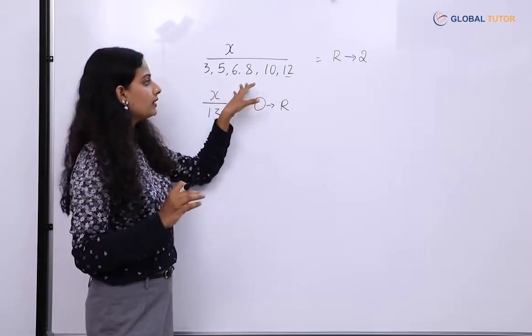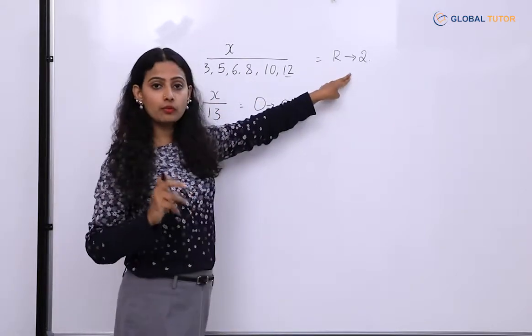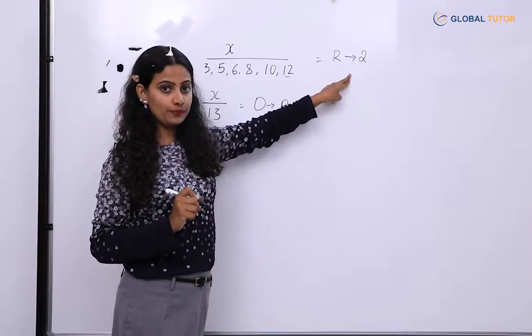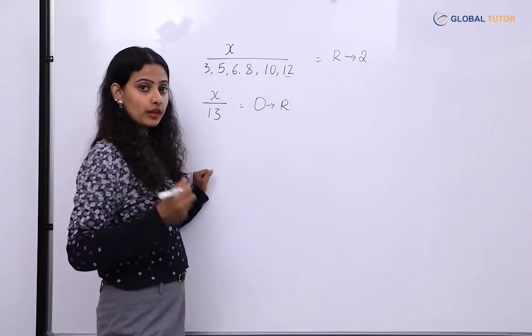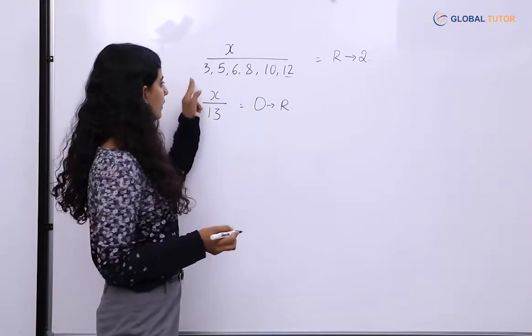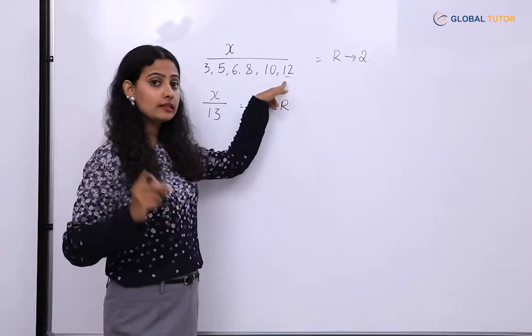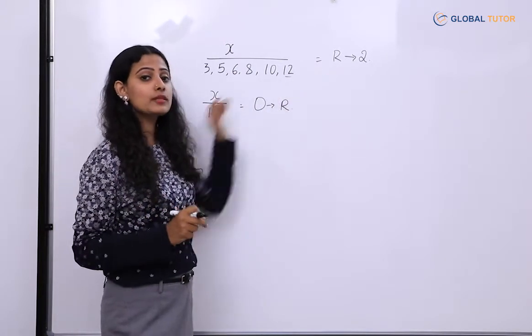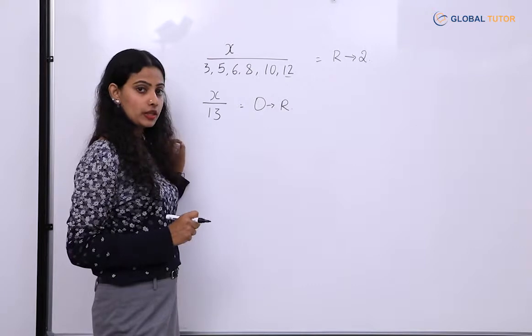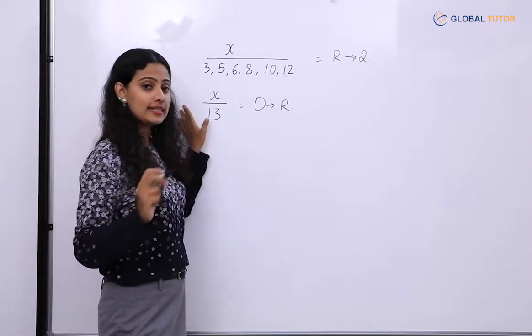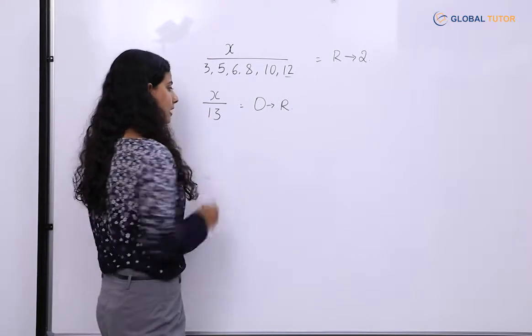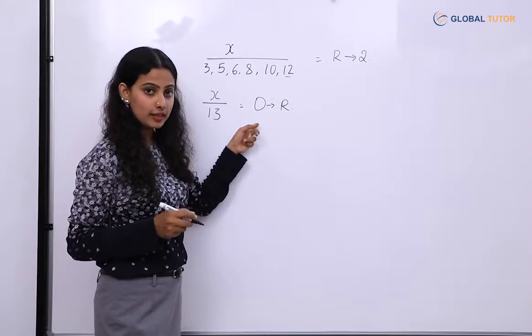To that we will add 2 because we want a remainder 2. Now if you take 122, it will be divided by all these numbers and you get a remainder 2. Now there is one more condition given in the question, which is if you divide the same number by 13, then you should get the remainder 0.